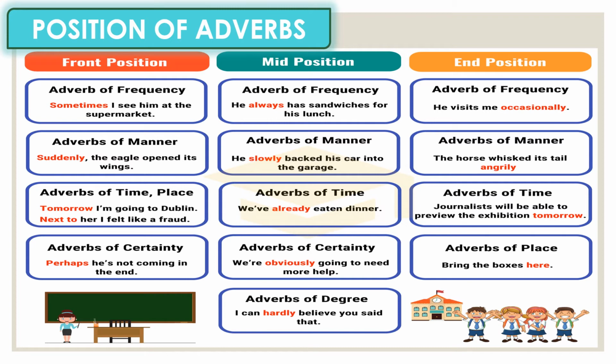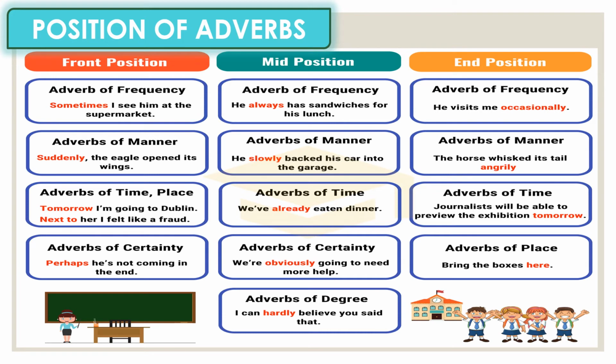certainty. The second position is the middle position, where the subject comes first and after that we add our adverb before the main verb. As you can see here, adverbs of frequency, manner, time, certainty, and degree can all be used after the subject.